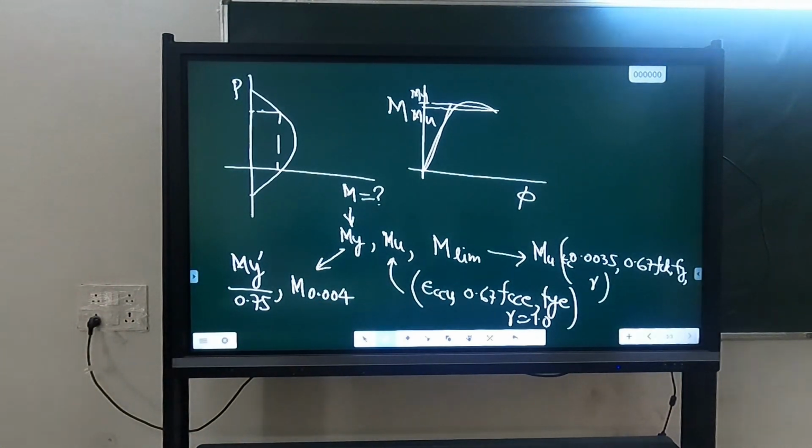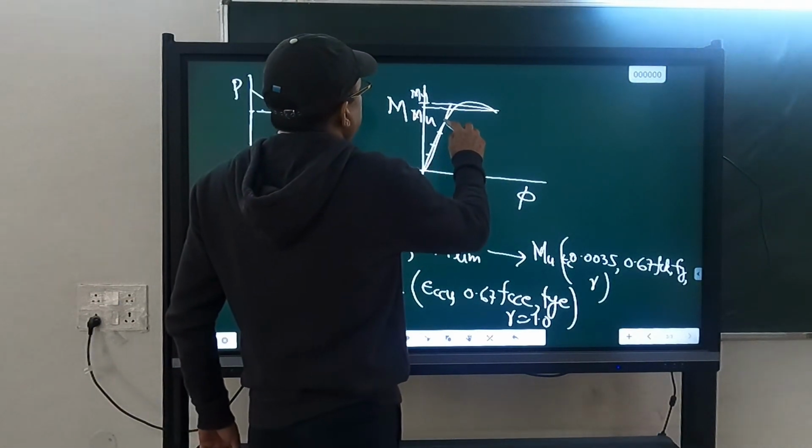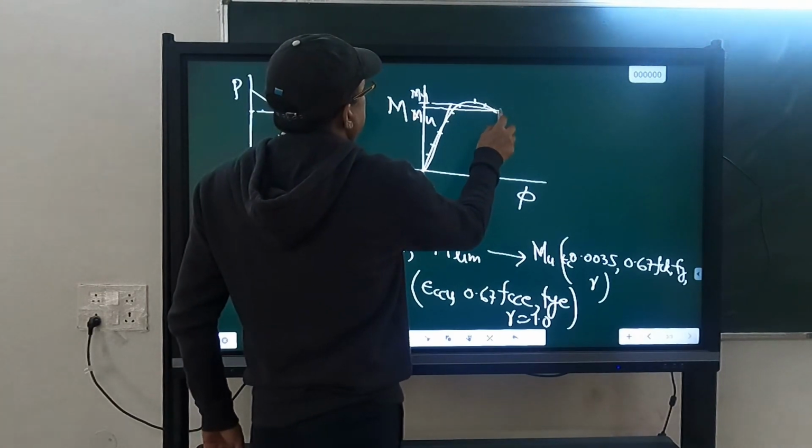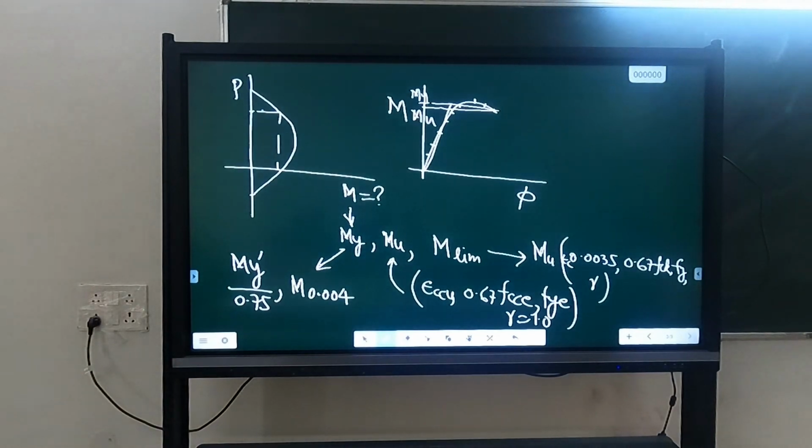Both are approximate estimates of My. My we are not calculating exactly. If I have to calculate My exactly, what I have to do? I have to plot the full curve. So I should get all these points. Then I should bilinearize this. Then I will get the actual value of My.